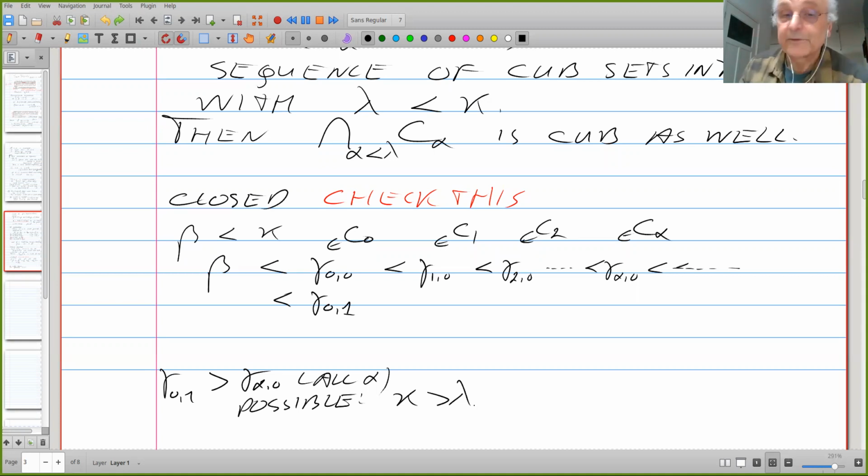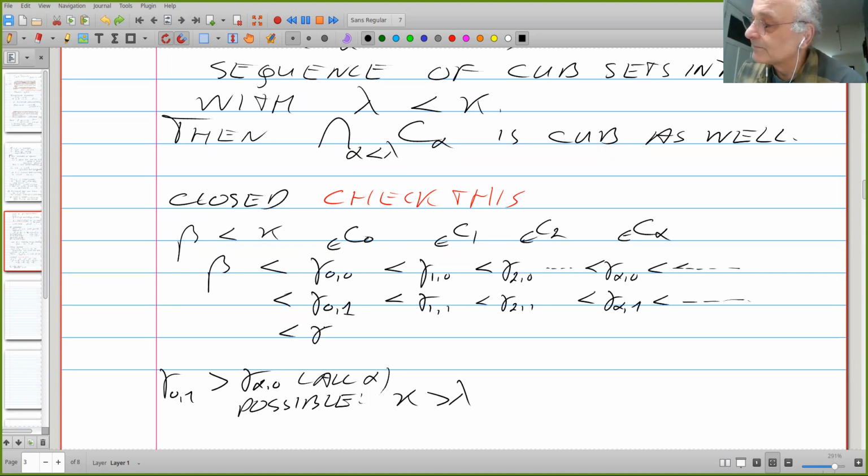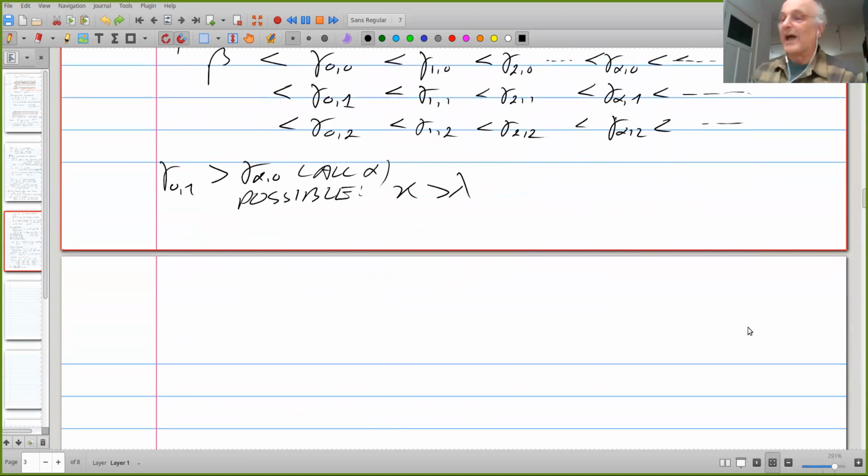The cofinality of kappa is bigger than lambda, and so we can keep on going. Well, now you see what is going to happen.